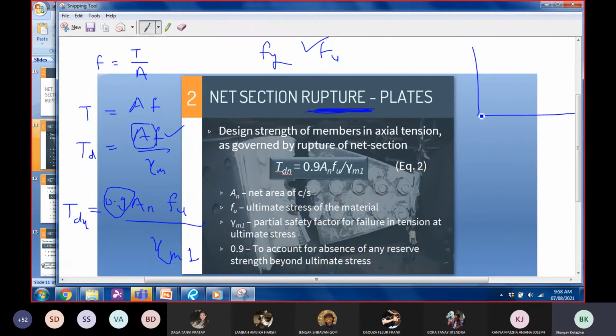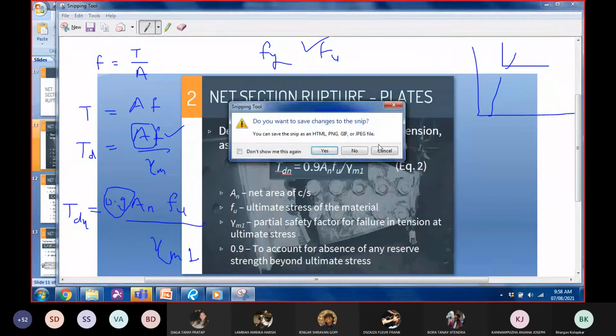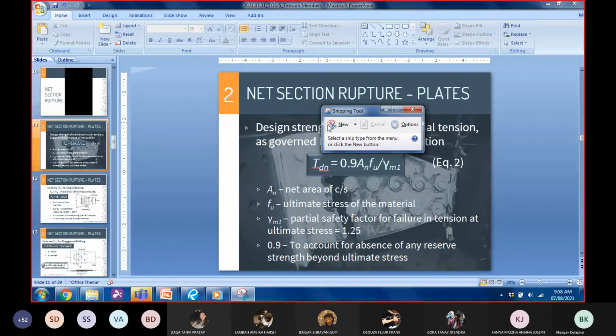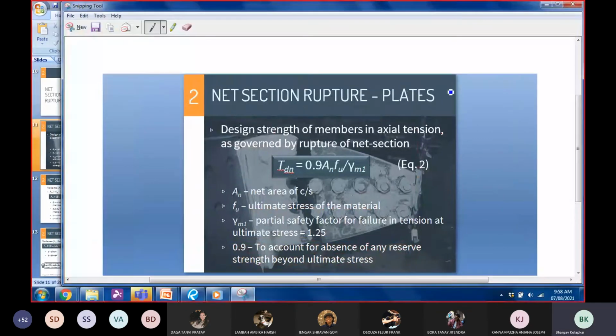So if we look at our stress strain curve, if we say that the failure stress is Fy, there is a lot of reserve strength in the material, which is between Fy and Fu.